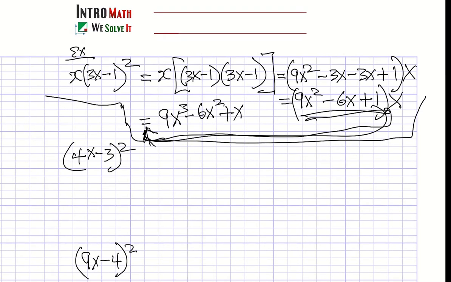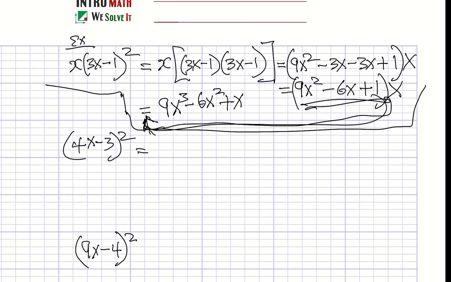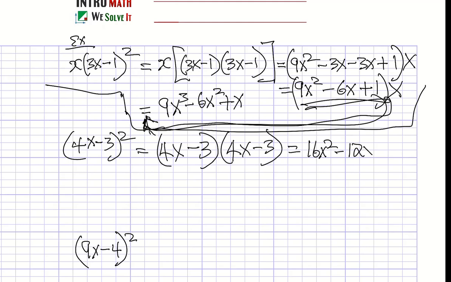Let's do the next one. What is that? You expand that, you get 4x minus 3 times 4x minus 3. 4x times 4x, you get 16x squared. 4x times negative 3, you get negative 12x. Negative 3 times 4x, you get negative 12x again.